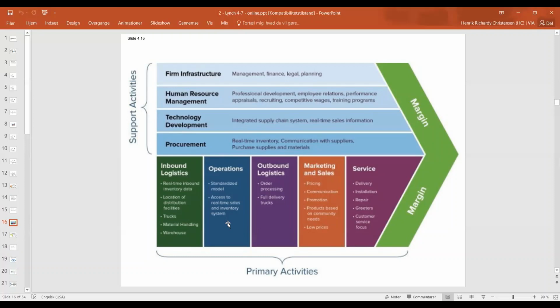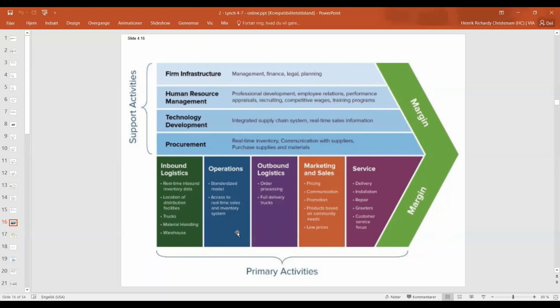We have people working there, and they have capabilities, knowledge, skills, etc. So understanding operations could be investigating what kind of tangible resources, intangible resources, and capabilities we find there.